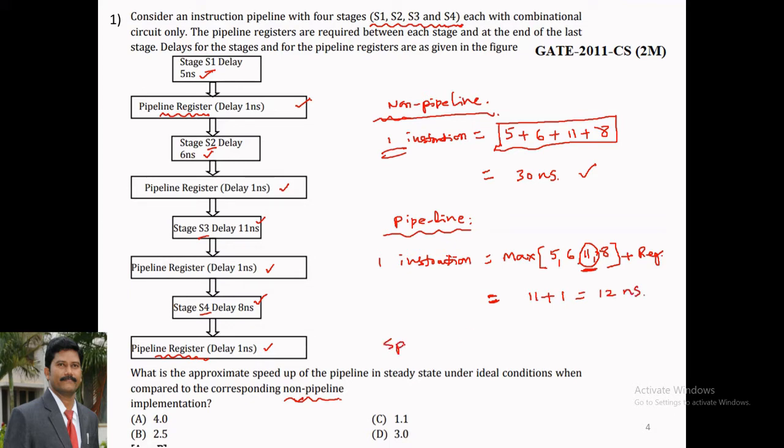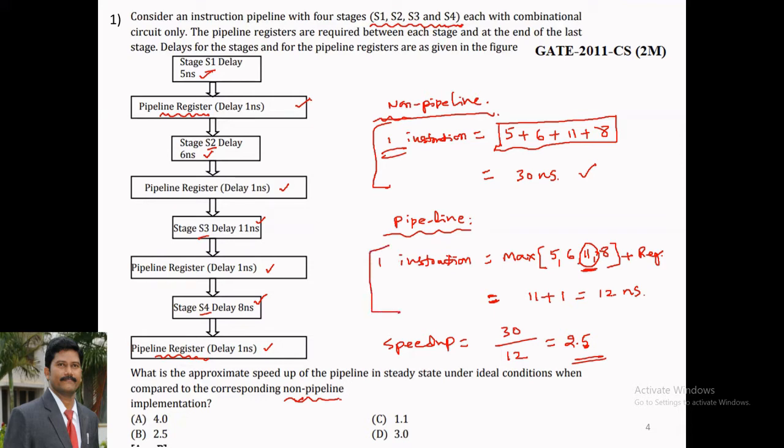Now the speed up equals the non-pipeline time, 30, divided by the pipeline time to execute one instruction, 12, which is 2.5. The conclusion: to execute one instruction in non-pipeline it is 30 nanoseconds, and in pipeline it takes 12 nanoseconds.